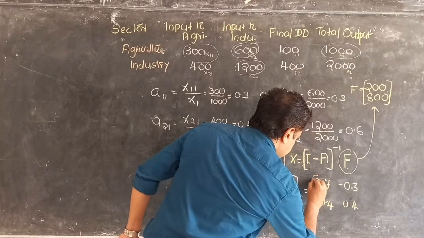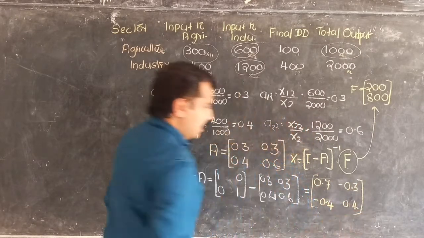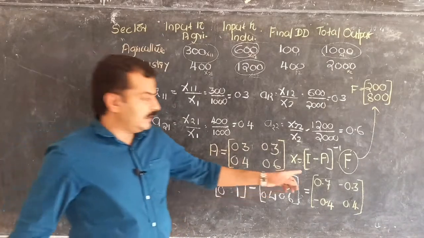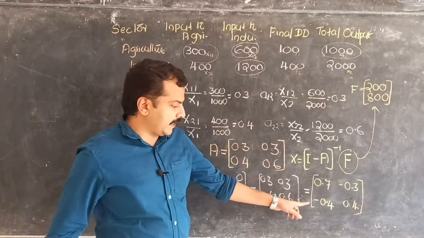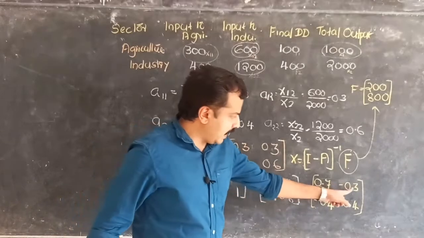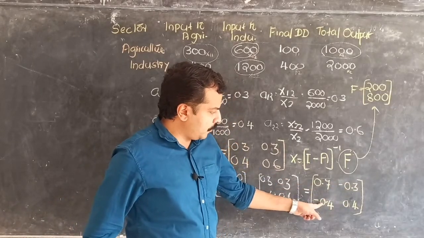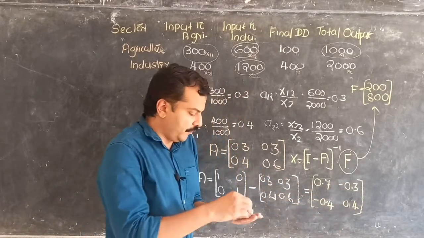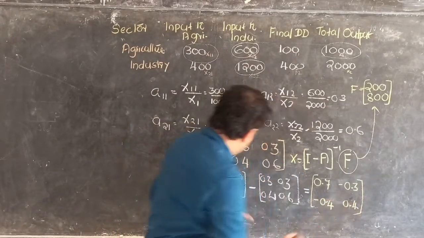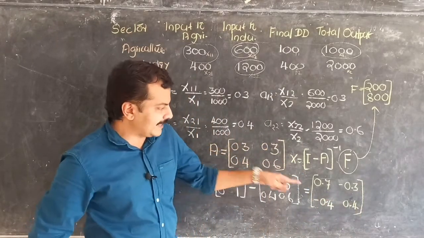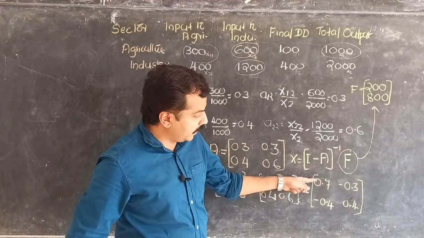So I have the I minus A. Now we need to calculate the inverse of this particular matrix: 0.7, minus 0.3, minus 0.4 and 0.4. The next task for us is to calculate the inverse.